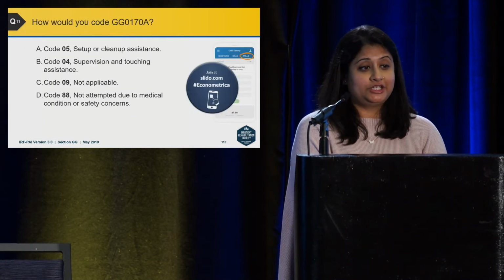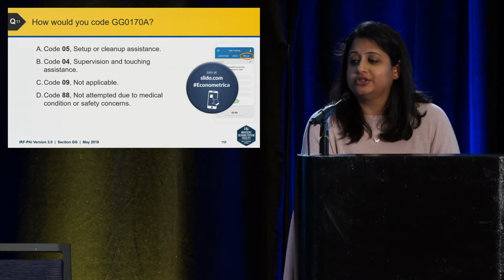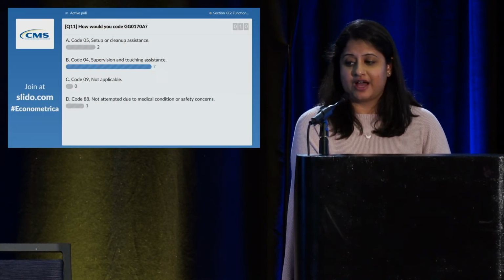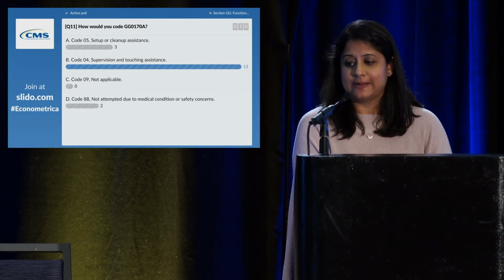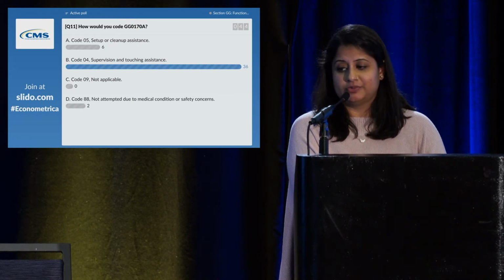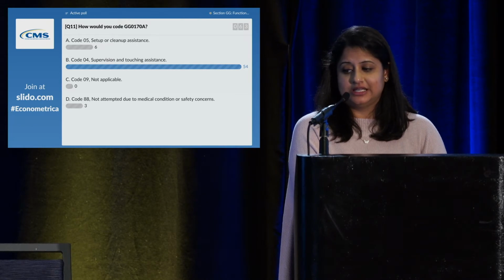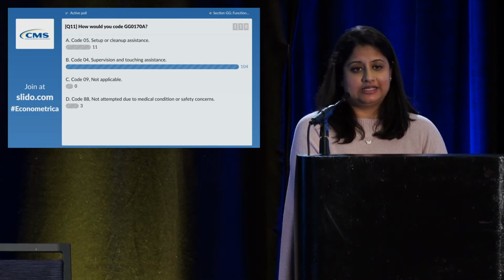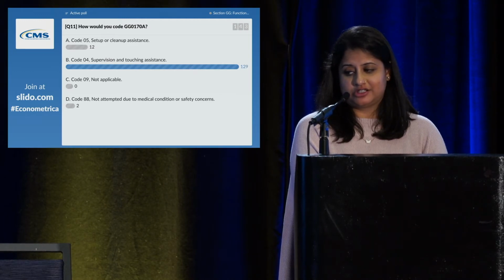So based on that information, again using Slido, how would you code GG0170A? Would you say A, 05, setup or cleanup assistance, B, 04, supervision and touching assistance, C, 09, not applicable, or D, 88, not attempted due to medical condition or safety concerns?